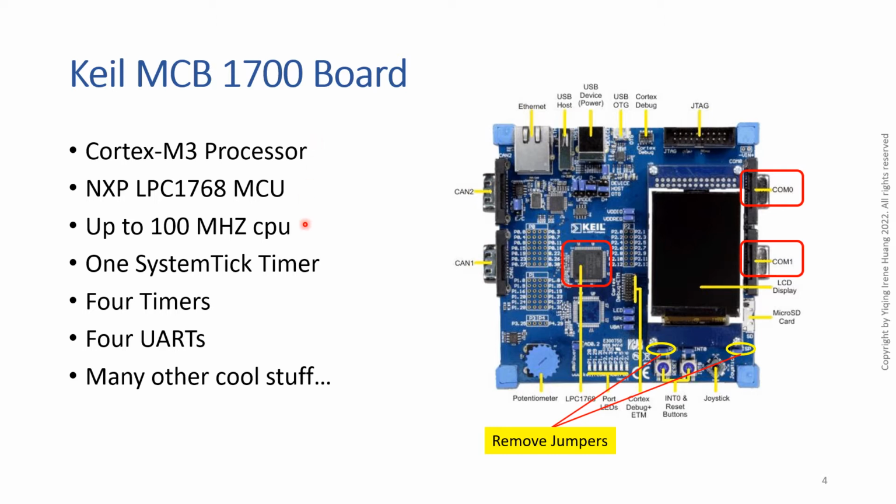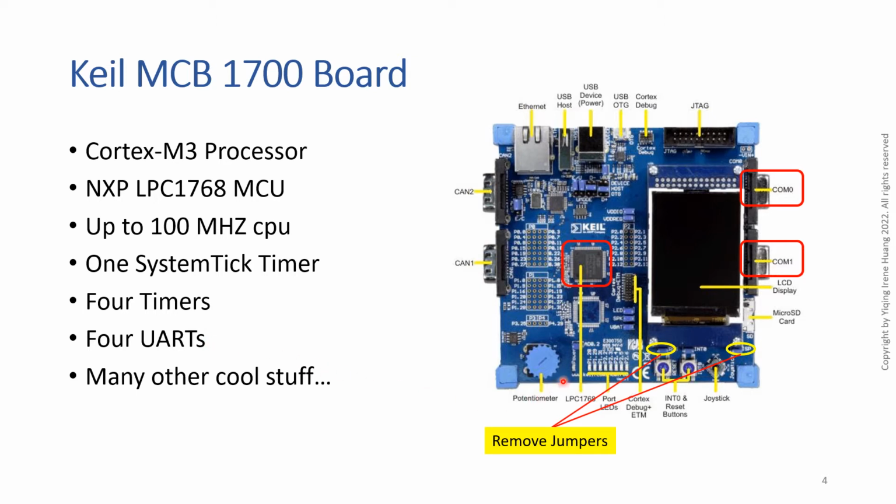The CPU can run up to 100 megahertz and there's one system tick timer within the Cortex-M3 processor, which we don't really use. However, there are 4 timers on the microcontroller unit, which we will make use of at least one of them. And there are 4 UARTs, which we make use of 2 of them.